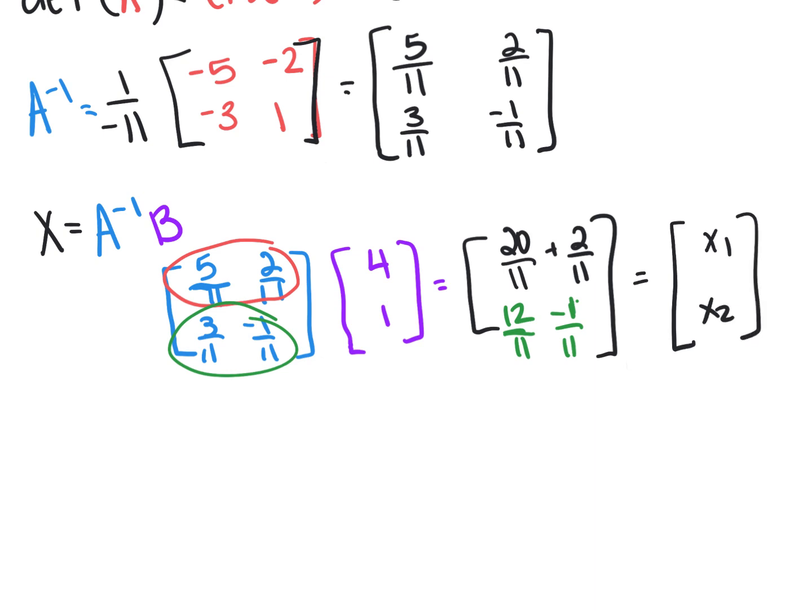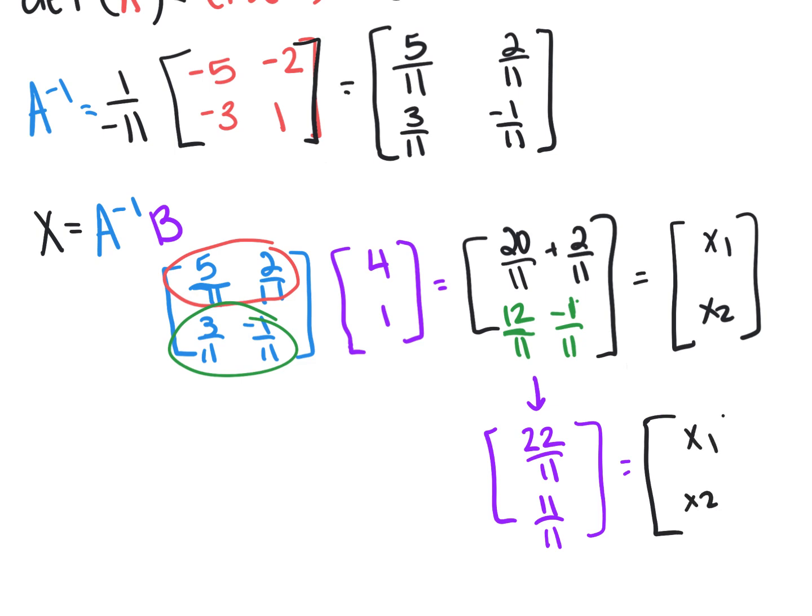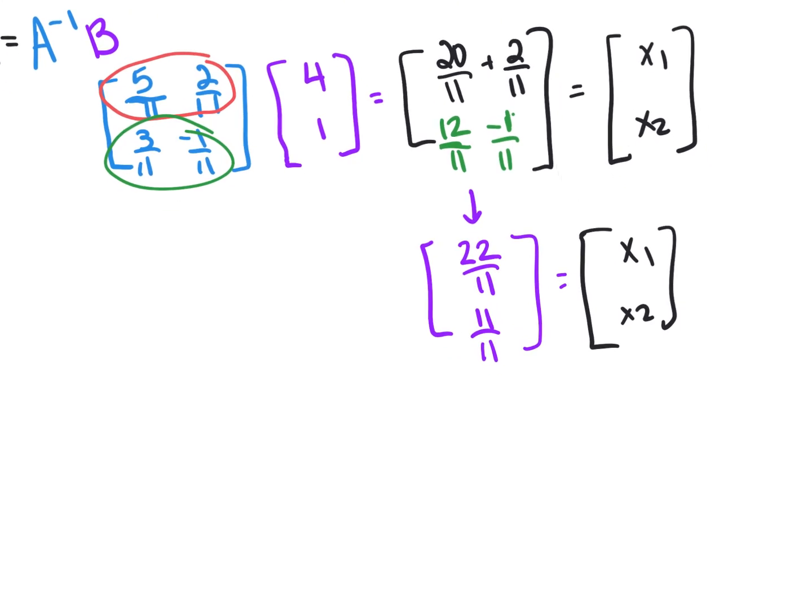So when I clean that up, 20 11ths plus 2 11ths cleans up to be 22 11ths on the top. And on the bottom, 12 minus 1 is 11 11ths. That has to equal x1 and x2. And this just cleans up. 22 over 11 is just 2. 11 over 11 is 1. So now I see x1 and x2 are equal to 2 and 1 respectively.